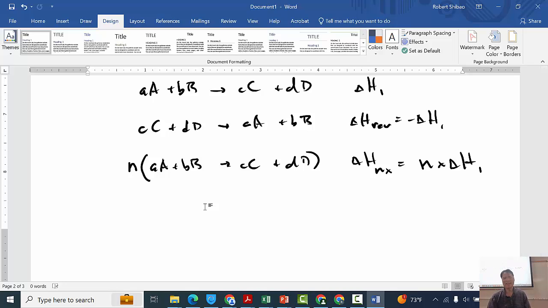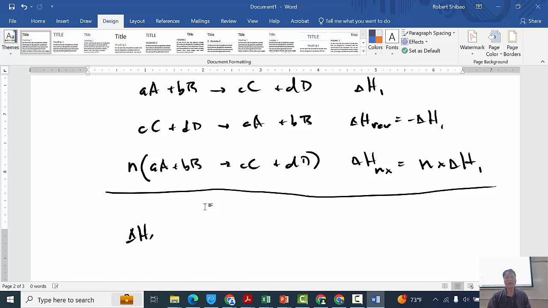And finally, what I can do is, if I have an unknown delta H and I can get some reactions to add up to give us the same. And so this is the main Hess's law here. That is, delta H of reaction is equal to the sum of the steps.